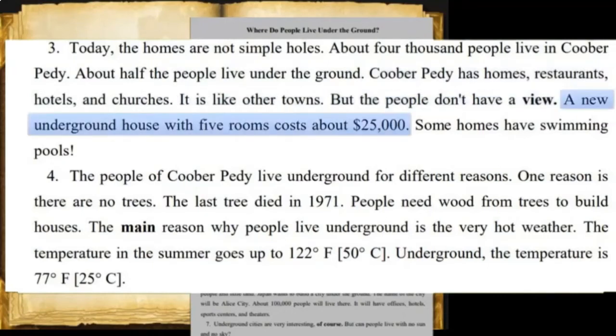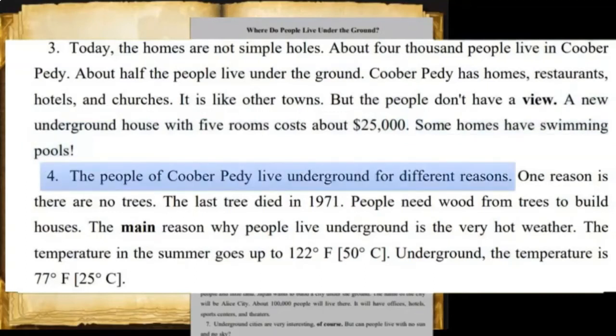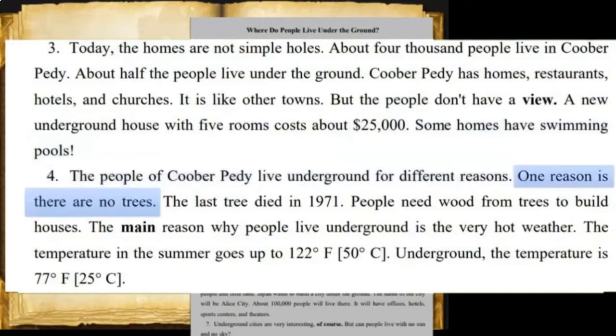A new underground house with 5 rooms costs about $25,000. Some homes have swimming pools. The people of Coober Pedy live underground for different reasons. One reason is there are no trees. The last tree died in 1971.